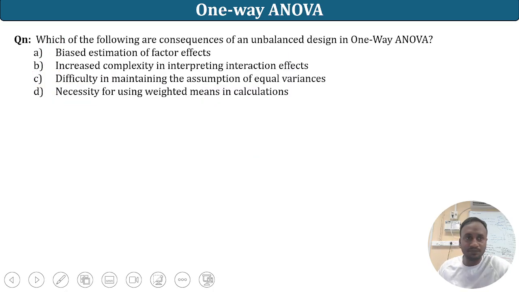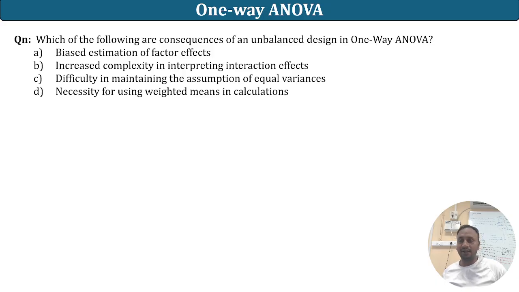Then we have the next question. Which of the following are the consequences of the unbalanced design in one-way ANOVA? What will happen when there is an unequal number of samples in the group?